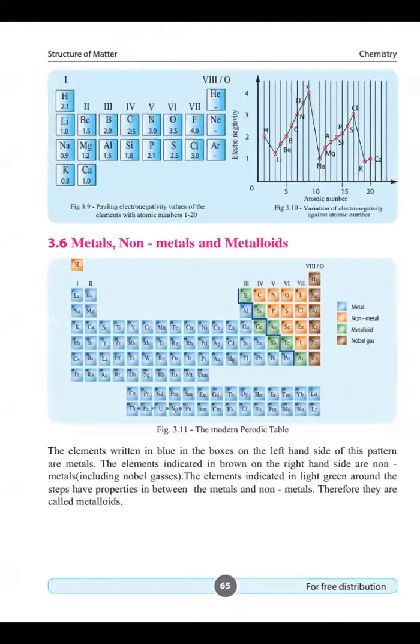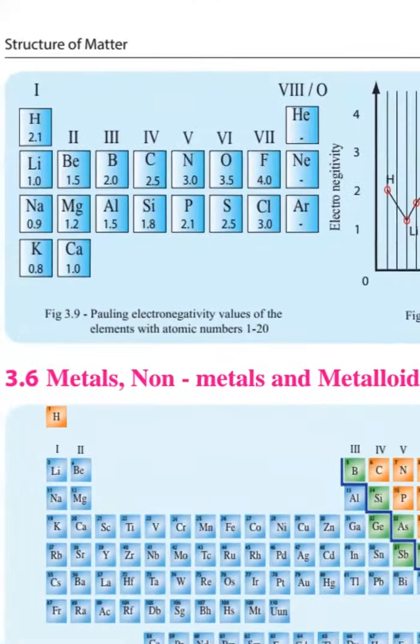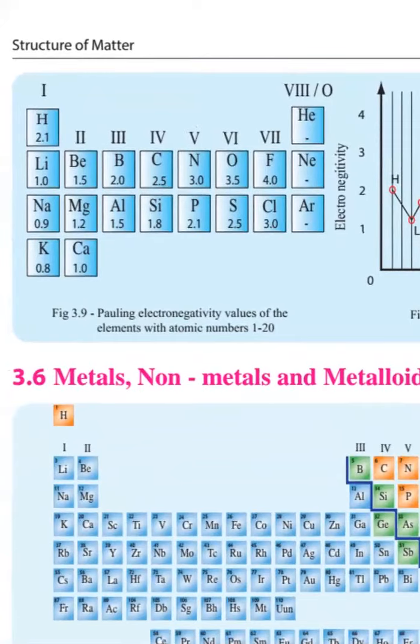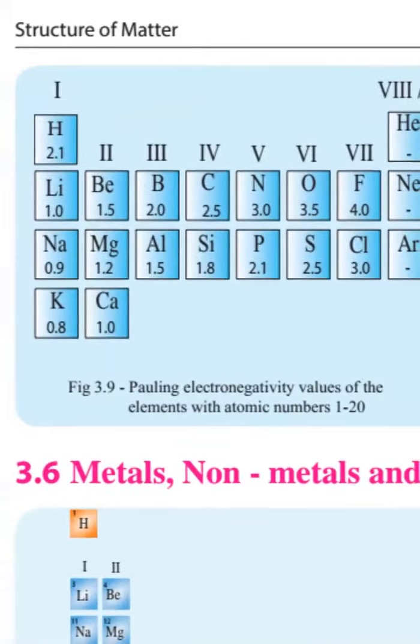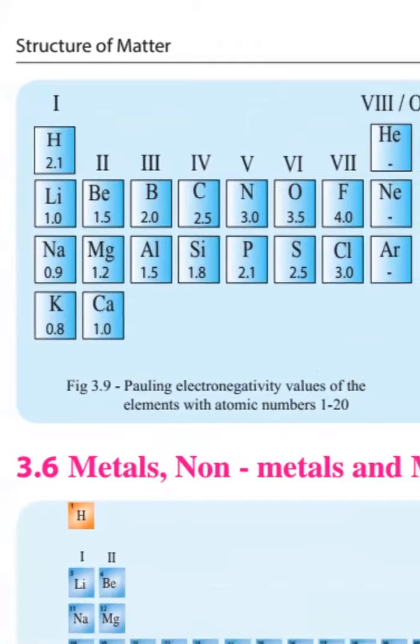Now here, they have given the Pauling electronegativity values. Compare the Pauling electronegativity values: lithium 1, beryllium 1.5, boron 2, carbon 2.5, nitrogen 3, oxygen 3.5, fluorine 4. So electronegativity increases.